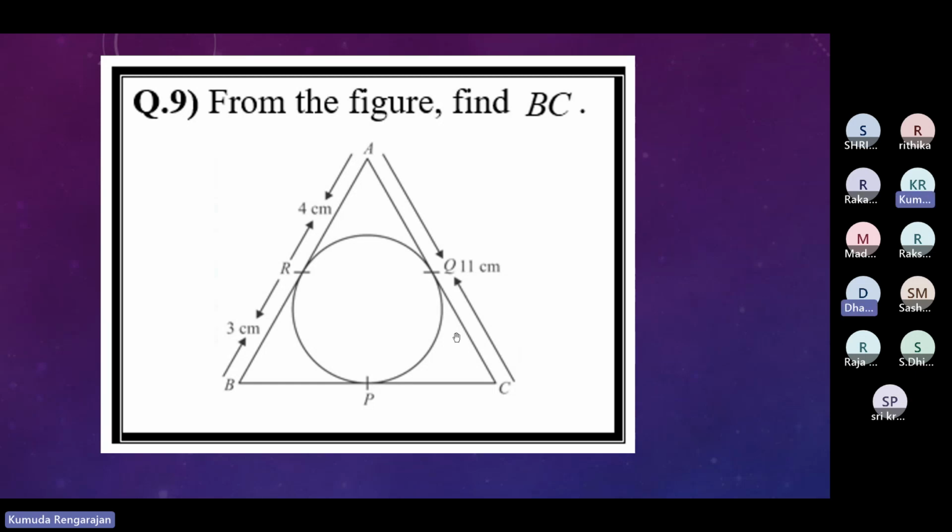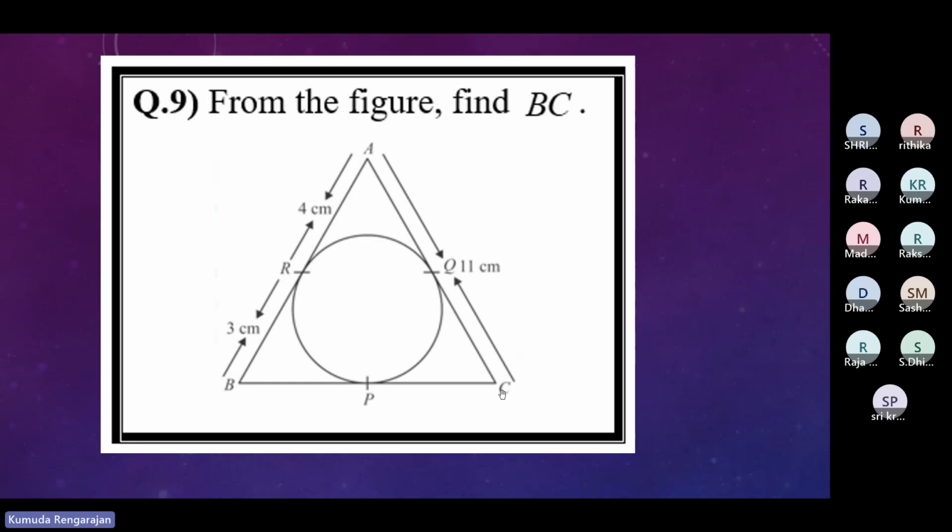Ma'am, the half of 7 is 5.5. No, Q is not the midpoint. Ma'am, AQ is 4 centimeters, then 8.5, right, ma'am? No, 1 minute. Sashank, Q is not the midpoint. Are you trying to say that AQ is 5.5 and QC is 5.5?